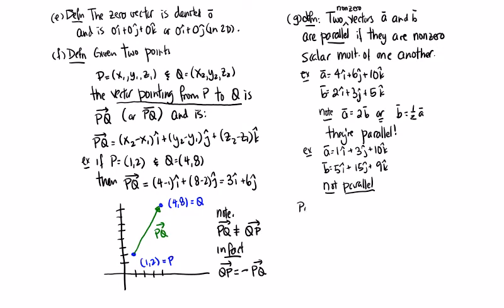And graphically, they're parallel basically if they point in the same or opposite directions. I want to make that point about opposite directions. So visually, without any context, these vectors are all parallel to one another.